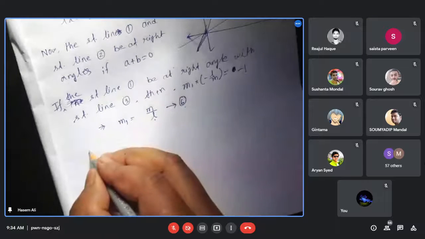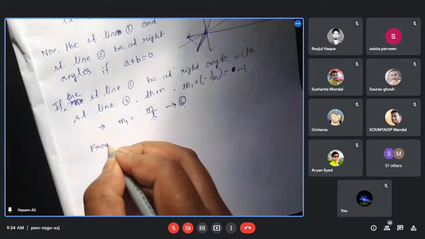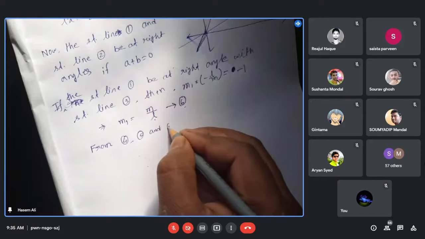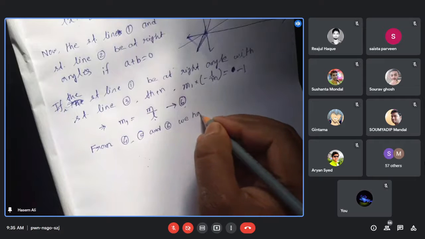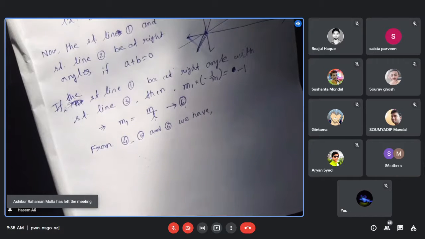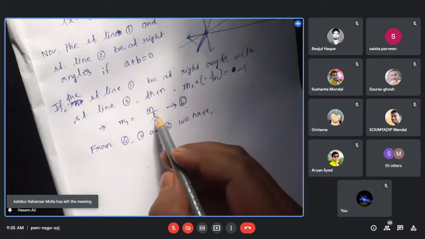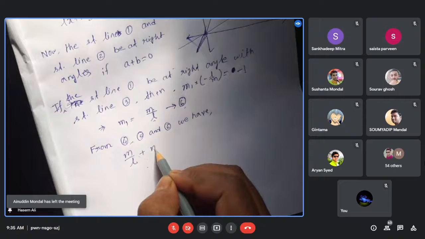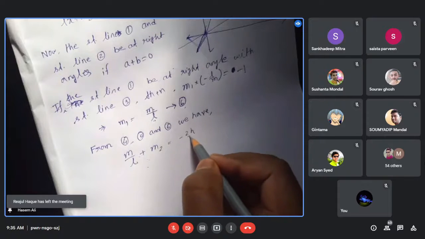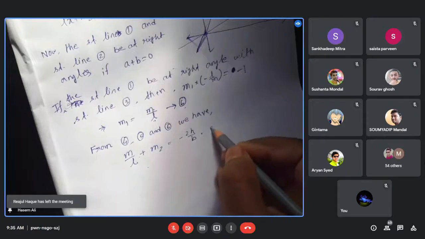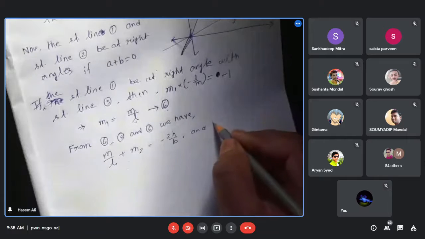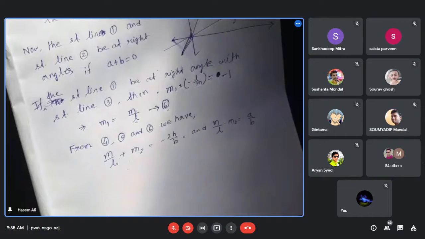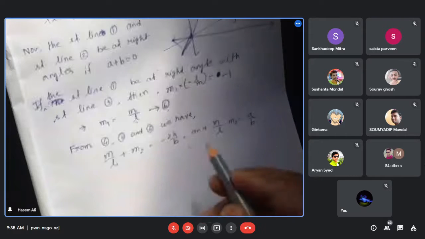Then from 4, 5 and 6 we just put m by l instead of m1. Then this will be m by l plus m2 equals to -2h by b, and this will be m by l into m2 equals to a by b. Now eliminating m2.